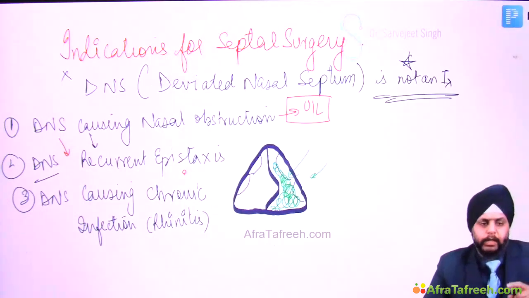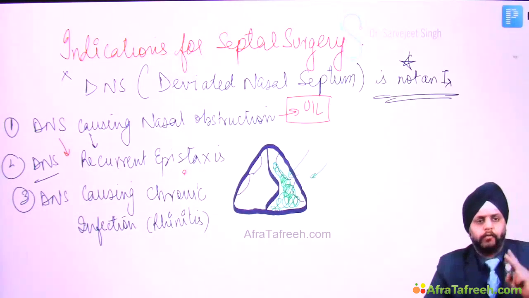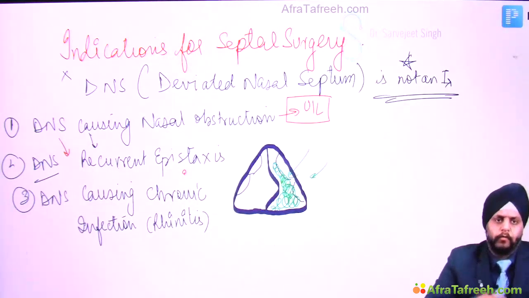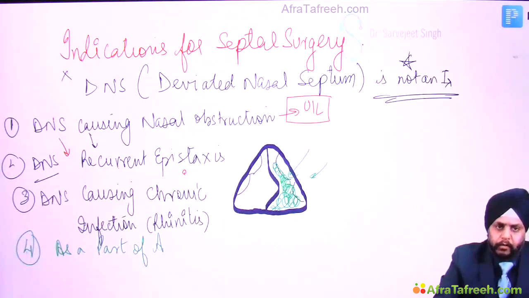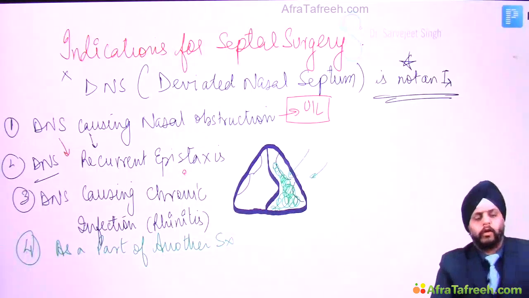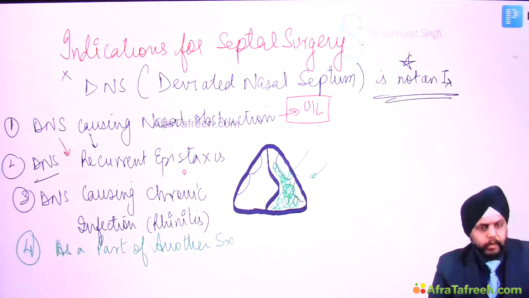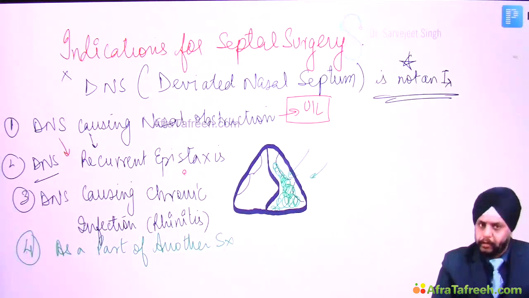Now other than these three, we can have two more indications for septal surgery. Number 4 is as a part of another surgery. What do I mean as a part of another surgery? Suppose I have to do rhinoplasty.